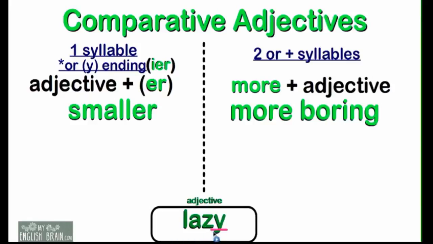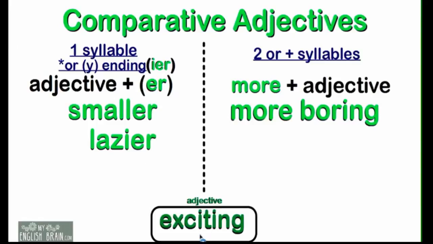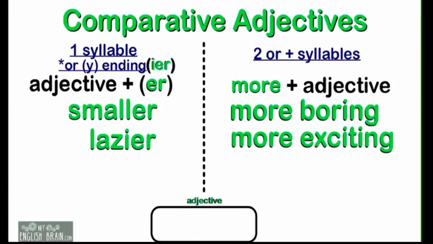Well, we have the Y ending, so the comparative adjective is lazier. We take away the Y and we use IER. Lazier is the comparative adjective. Or one more, for example, exciting. Exciting has three syllables, so the comparative adjective is more exciting.